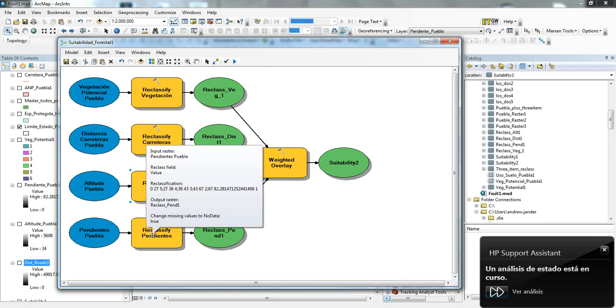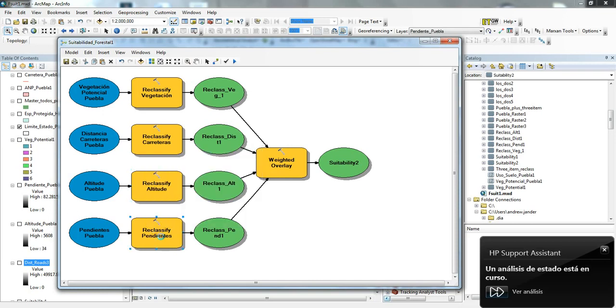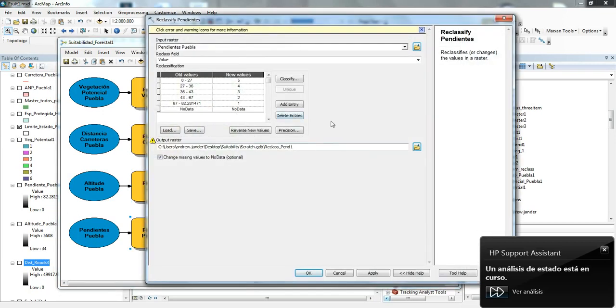The other one we looked at is the slope, the landscape, and basically if you have a really steep area, such as all the way up to 82% slope, it's not a very good area as far as getting into the area and actually cutting the trees and doing the timber harvest, because then you open it up to a lot of erosion possibilities.